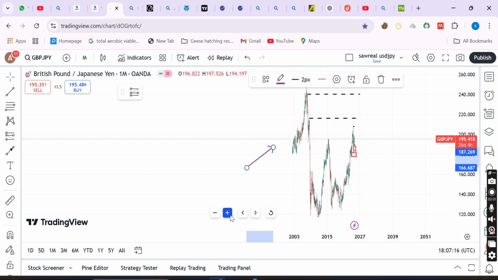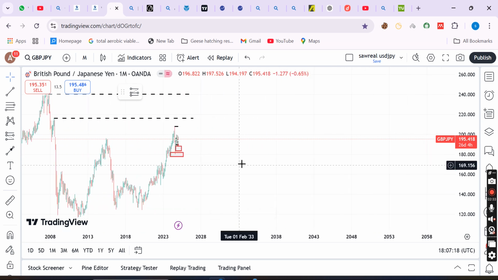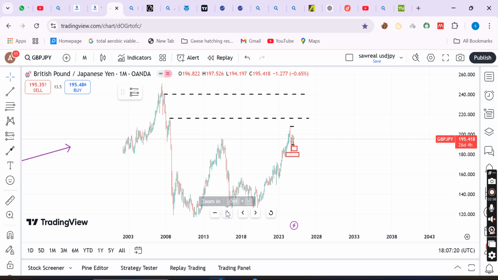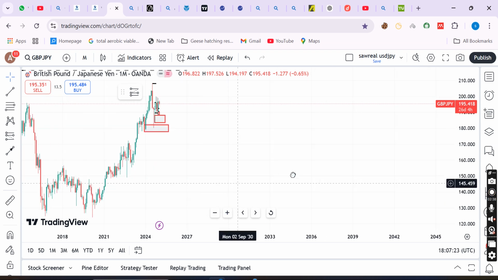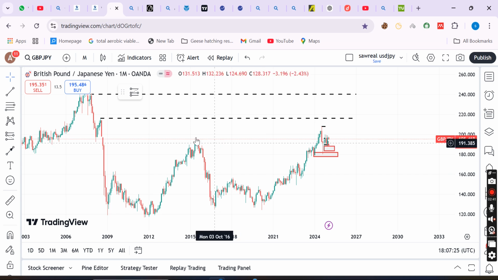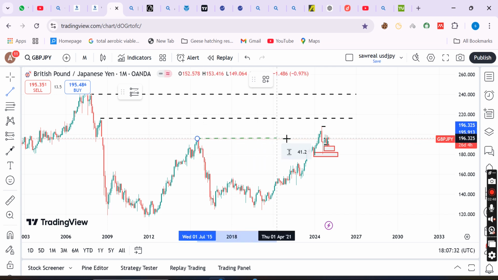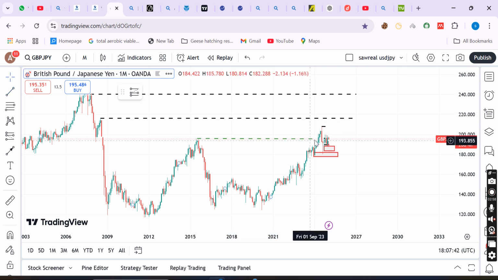So let's zoom in. When you put your mouse on this side and then you check, you realize that technically that's a break of structure, because we can see at least two full body candles close above it, right?